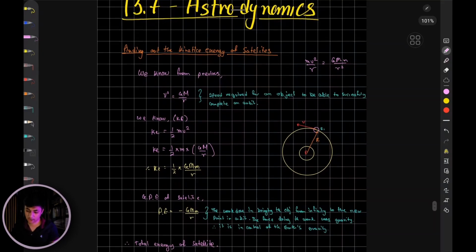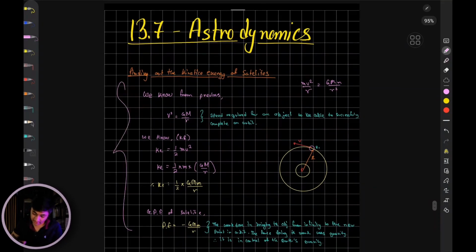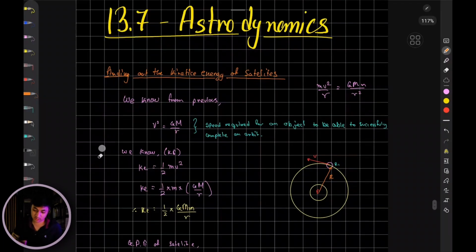First up, we're going to understand the kinetic energy of satellites. We know from previous videos that v squared equals GM by r. Here's a quick recall of where that comes from. For a satellite revolving around Earth, its centripetal force is provided by the gravitational force of Earth.